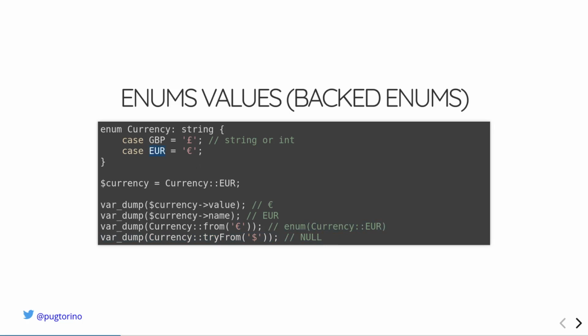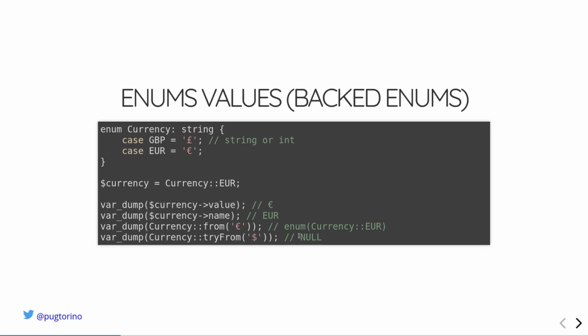So you can start from the string, getting back the enum value. And there is another interesting function that is tryFrom. This will try to create a currency enum starting from this string, that is the dollar symbol. And of course dollar is not present in this list, so this tryFrom will return a null value.